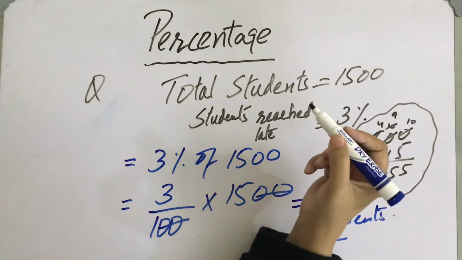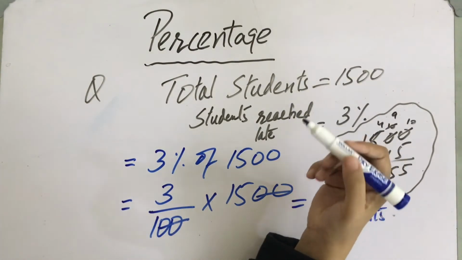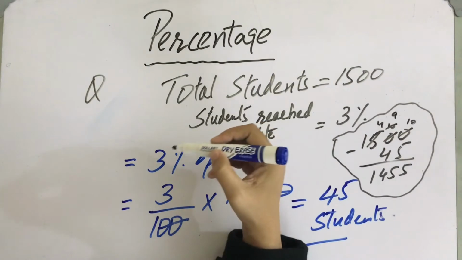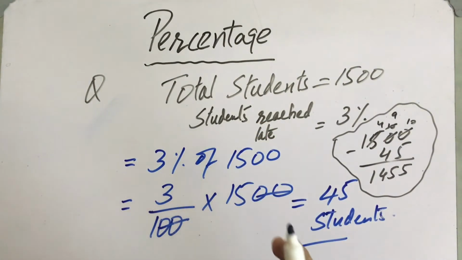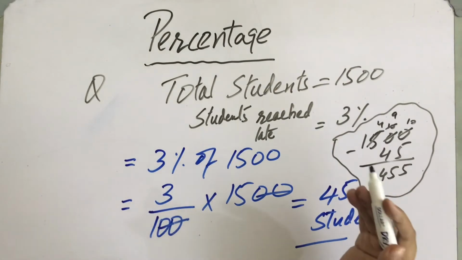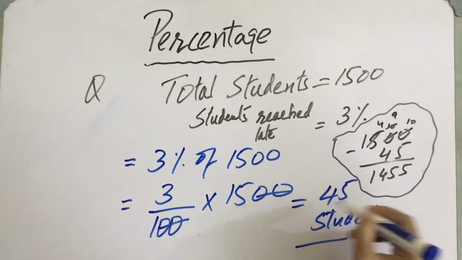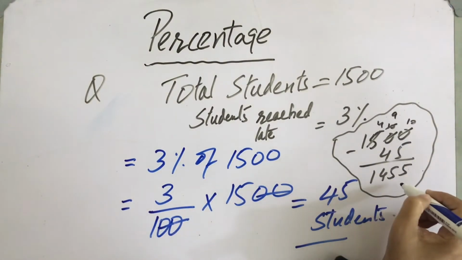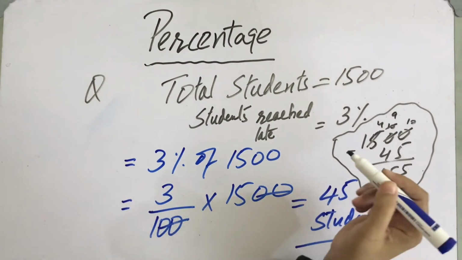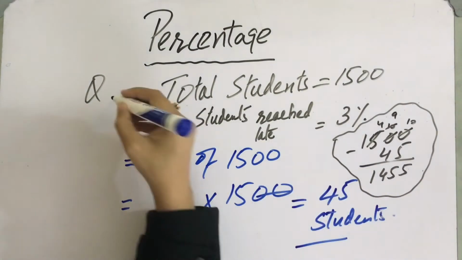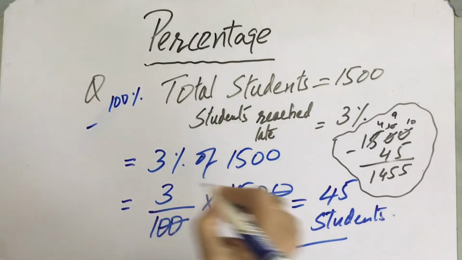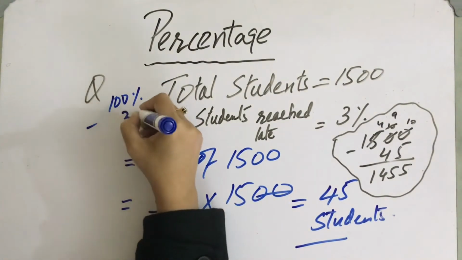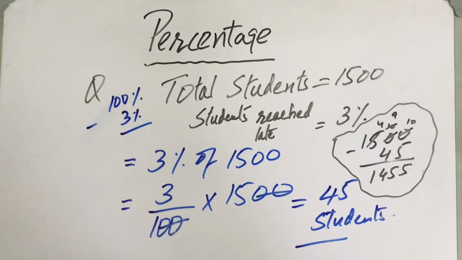So when we have to find the number of students who were late from school, we did 3% of the total. And when we have to find the number of students who were on time or punctual, we subtracted the answer from the total, and that is 1455. But there is another way to find the number of students who were on time. If we take 100% total students and subtract 3% from it, we have 97%.